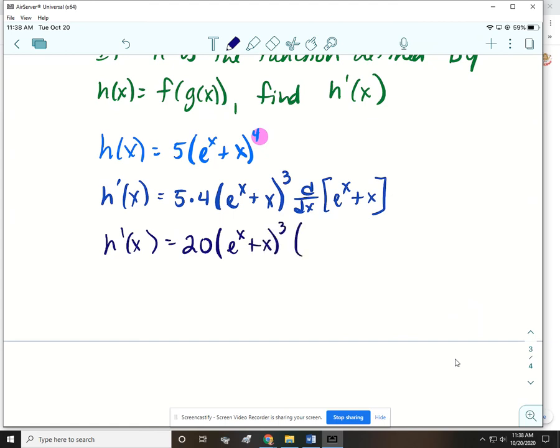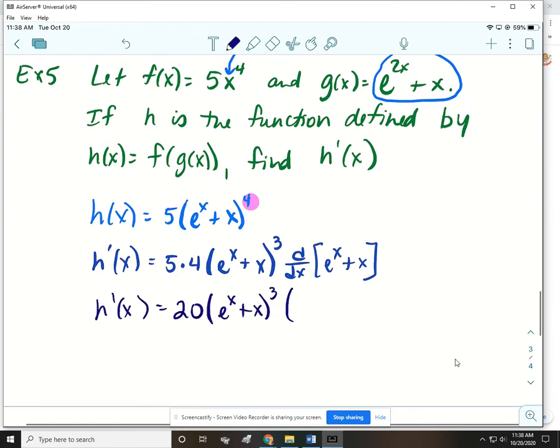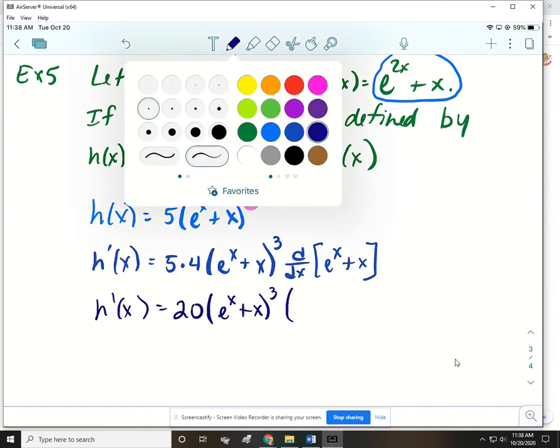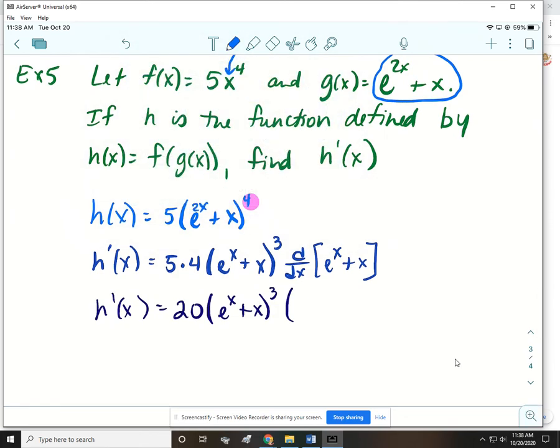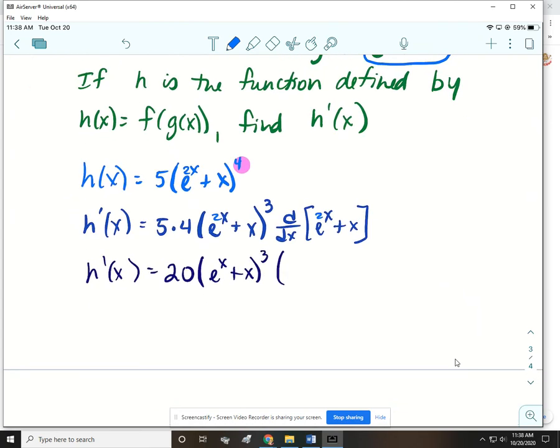All right, and then we need to find the derivative of e to the 2x plus x. Shoot, I messed up. I'm sorry. That should have been a 2x. All right, so the derivative of e to the something is going to be still e to that something.